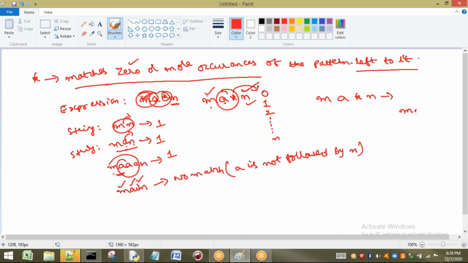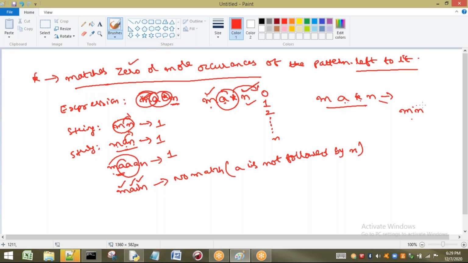So I want to search for this one in this one. The meaning of this A star is nothing but left to it. That means A I have to consider. So here this A should be how many times? At least one time it should be there. Sorry, 0 number of times it can be there.